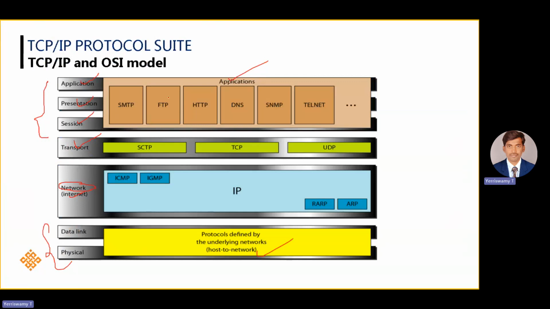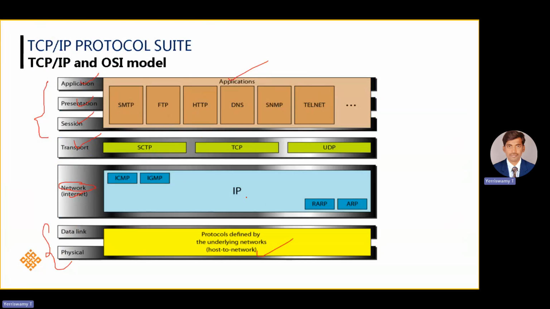But here you can see a few protocols I have mentioned. In application, we have SMTP, FTP, HTTP, DNS, SNMP, Telnet, and etc. However, I am just telling the functionalities of each basic protocol. In the transport layer, we have standard protocols like TCP, UDP, and SCTP.